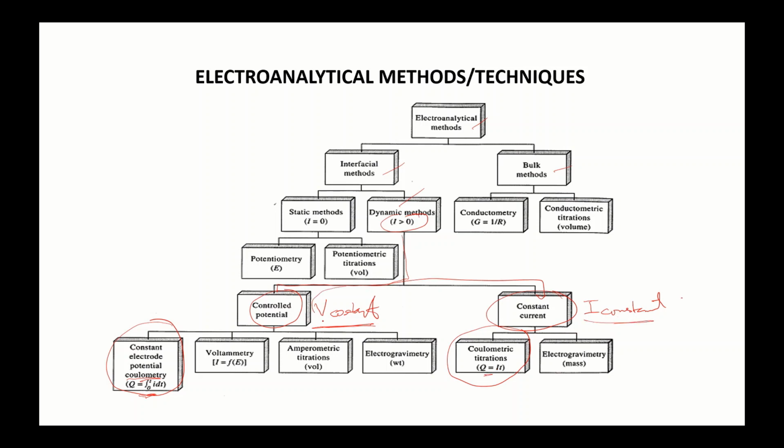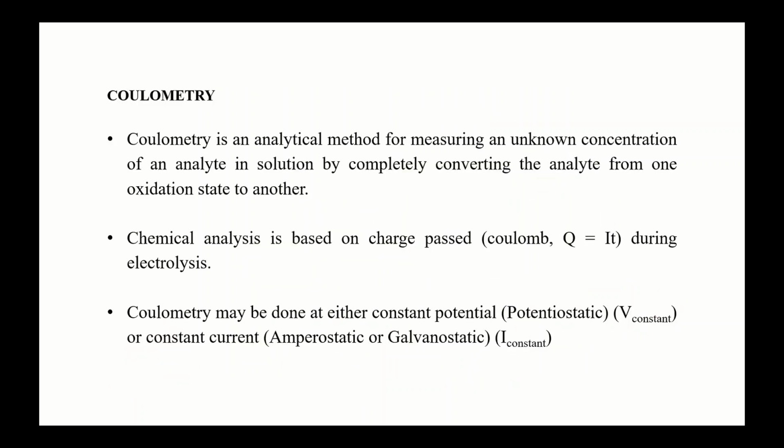So this is constant potential, this is constant current. Both methods use coulometric methods.